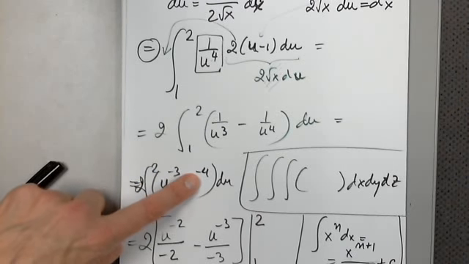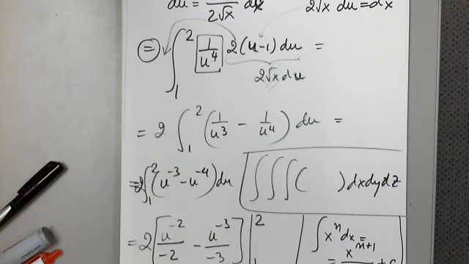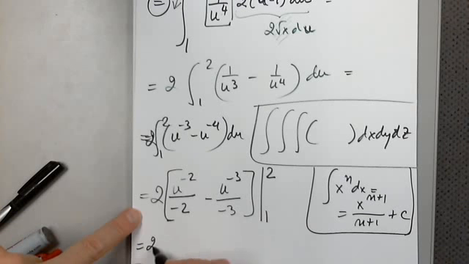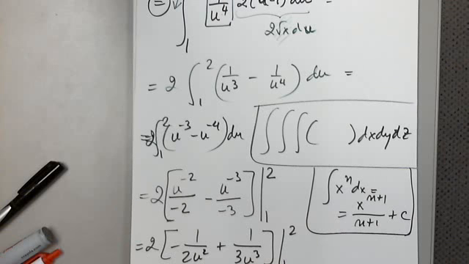And when it's negative 4, negative 4 plus 1 over negative 4 plus 1. That's how we got negative 2, negative 2, negative 3, negative 3. Is that okay? Okay. So then I will still like to simplify this a little bit, to negative 1 over 2u squared plus 1 over 3u to the third from 1 to 2.